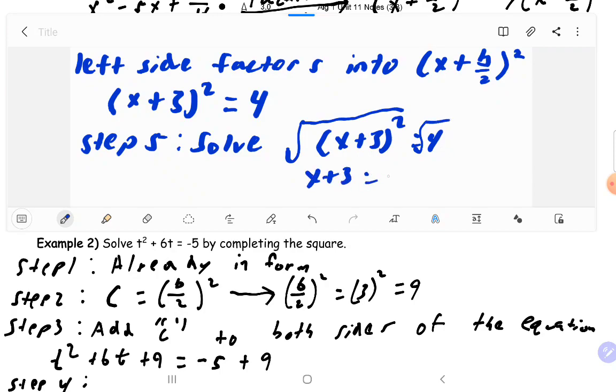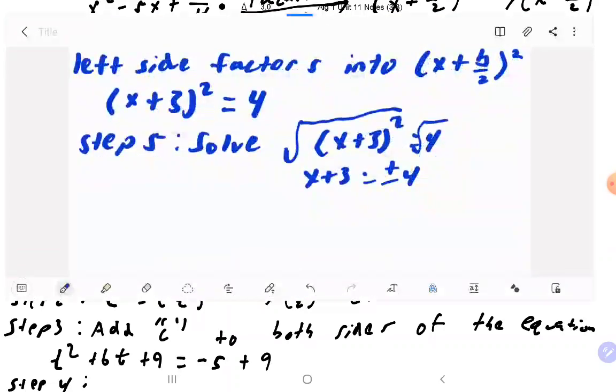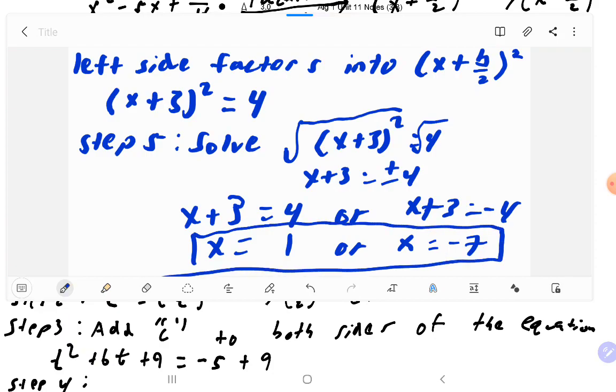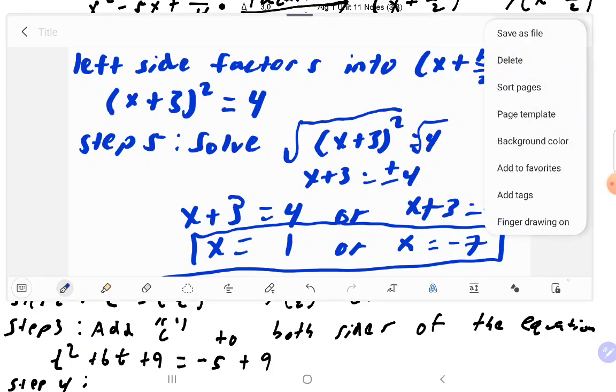So I have x plus 3 equals plus or minus 4, which means x plus 3 equals positive 4, or x plus 3 equals negative 4. So that means x equals 1, or x equals negative 7. And those are my two answers. All right, let's do another one, hopefully with more space.